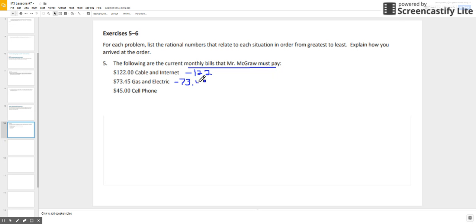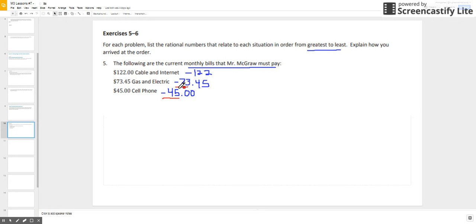Now we simply have to order these from greatest to least. I believe that's what it said. Let's look again. Yep, greatest to least, so we want the biggest number to come first. These are all negatives, so there is no positive. We have to look for the smallest negative. Once again, look at the whole numbers: negative 45, negative 73, and negative 122.